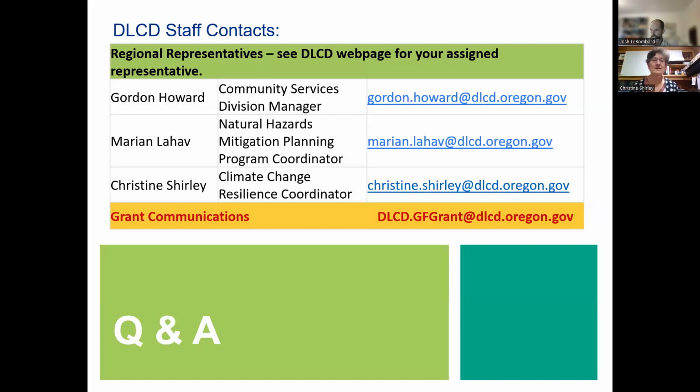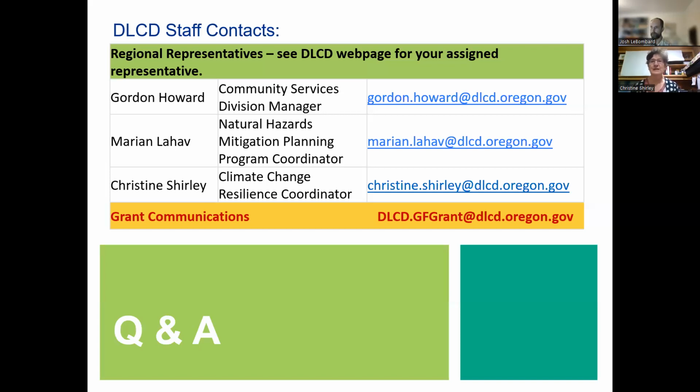So I can address Sage's question. The question was, they recently updated their hazard mitigation plan, but it did not include an update of the community wildfire protection plan. So yes, you can ask for funding to update that part of the plan, or do it independently and then integrate it into your natural hazard mitigation plan.